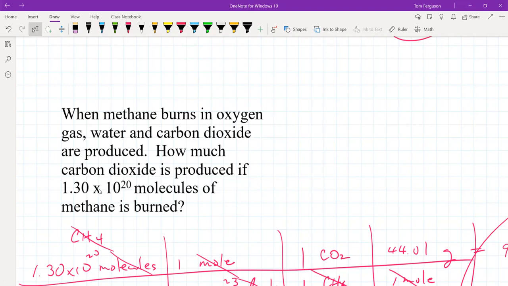So if I specify methane here, I need to say excess oxygen gas, because excess oxygen gas means it's not going to come into the calculation. But what if we limited the amount of oxygen we have?